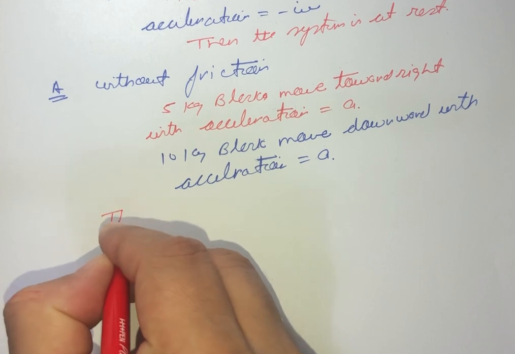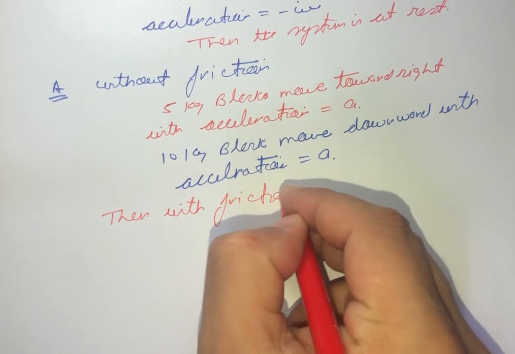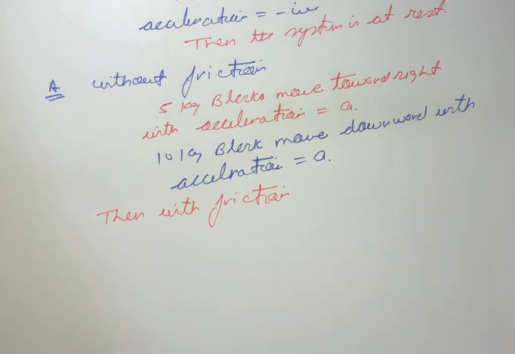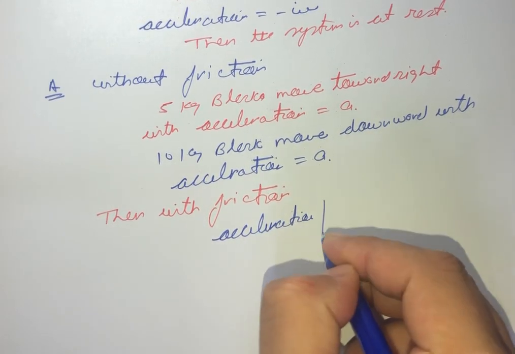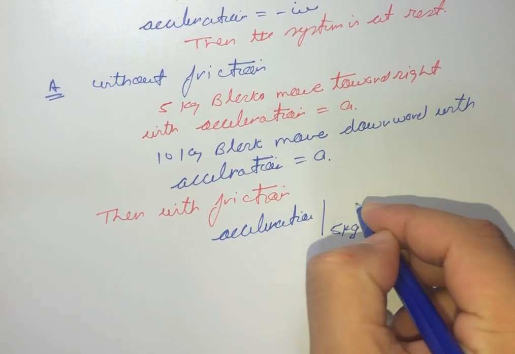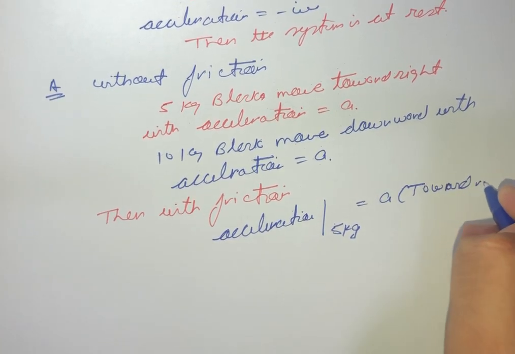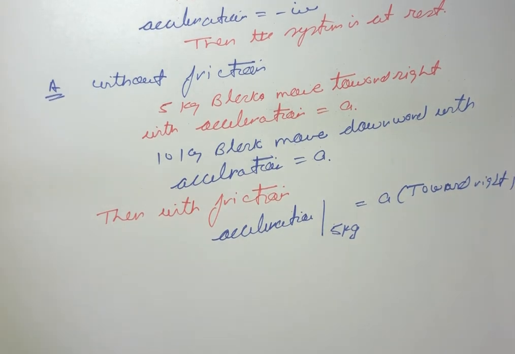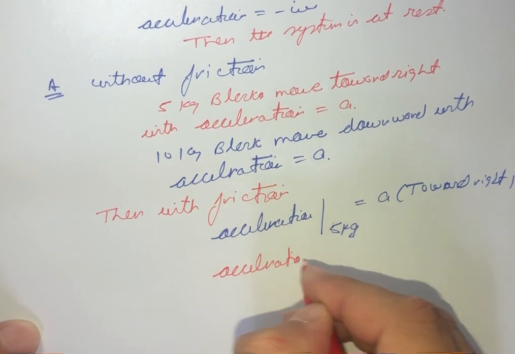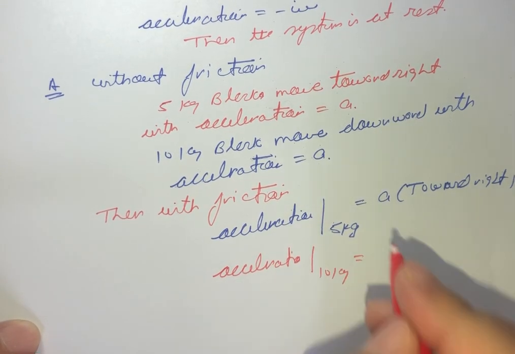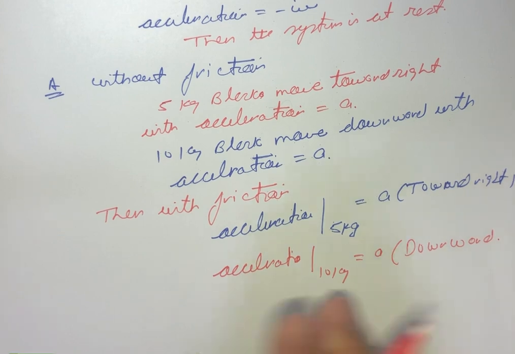With friction, the acceleration of the 5 kg block will be A toward the right, and the acceleration of the 10 kg block is also A, in the downward direction.